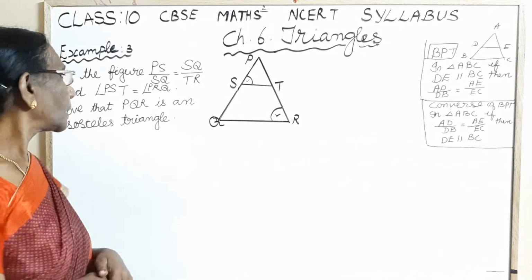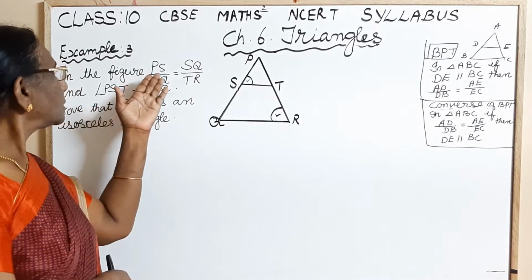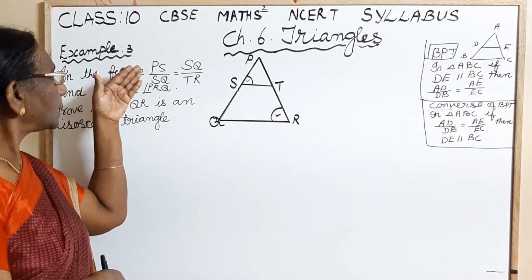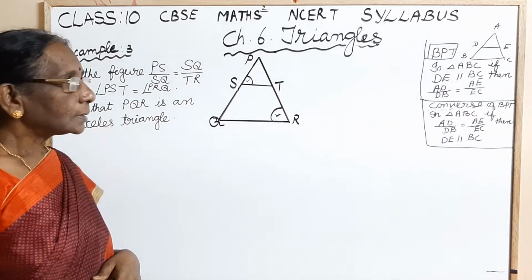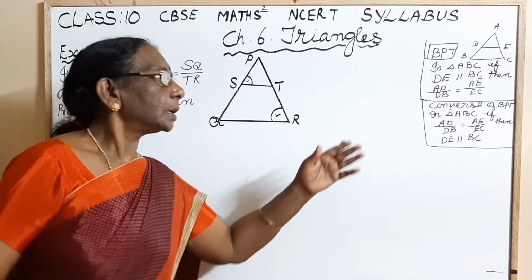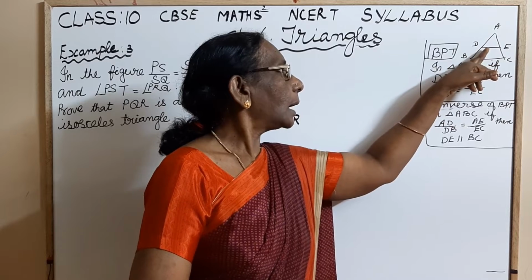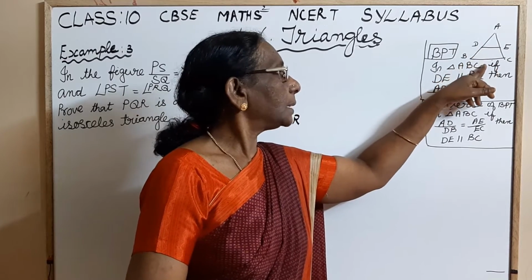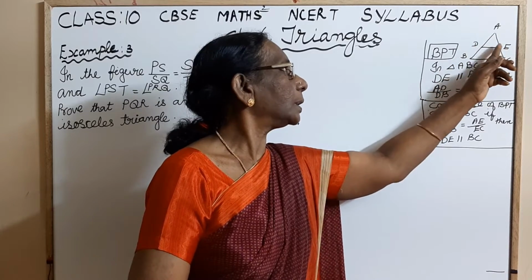Next, for that, what should we do? What information is given? It is given PS by SQ is equal to PT by TR. So let us recall the BPT and the converse of BPT. BPT is what? In a triangle ABC, if DE is parallel to BC, then the ratios AD by DB is equal to AE by EC.